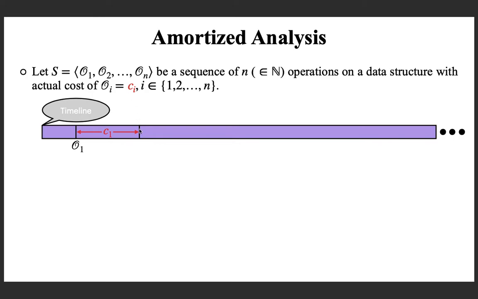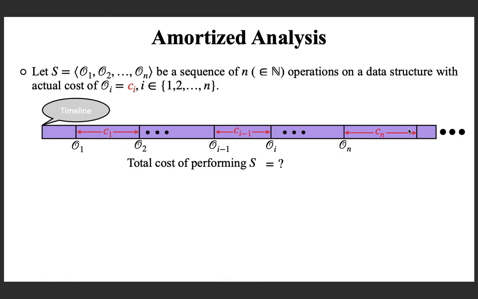Similarly, we can assume that O2 starts at this time instant and goes for C2 units of time, and likewise it goes. The last operation starts at this point and goes for Cn units of time. Given this, what is the total cost of performing the sequence of n operations? It is nothing but the summation of all the costs from C1 to Cn.